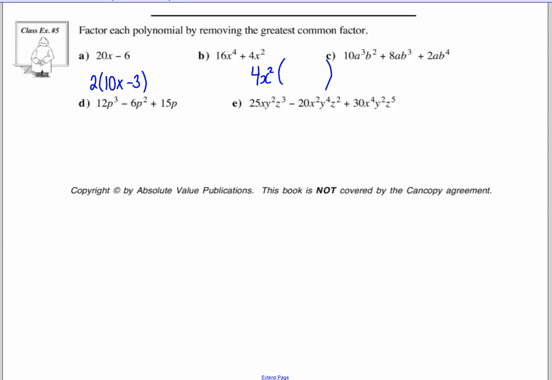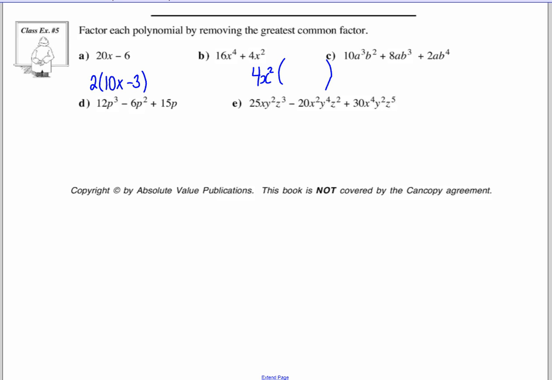Remember when we find the GCF, it's the lower power, because it's like what's in common. One of them has 4 x's and one of them has 2 x's. So they have 2 x's in common. Because that's what we're doing, we're factoring it out. So if one has 4 and one has 2, I can factor at least 2 out of both.